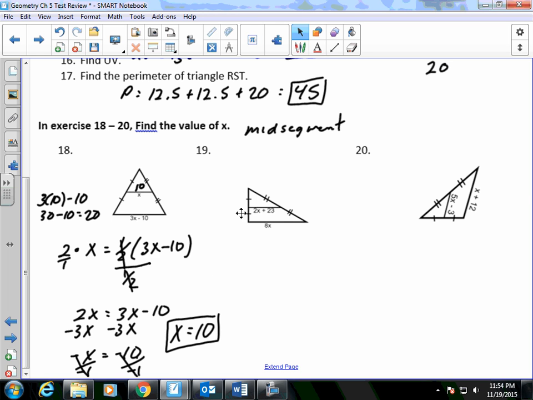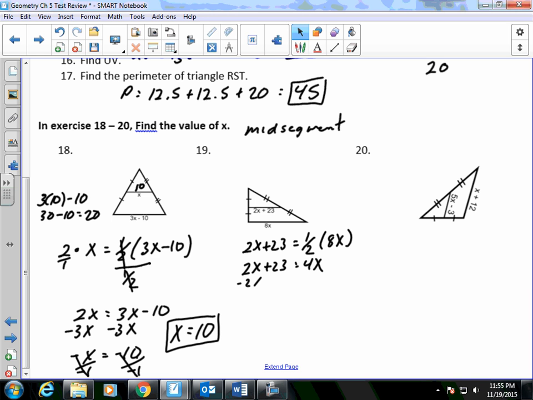19. Once again, the midsegment should be equal to half the length of the side. So 2x plus 23 should be equal to half of 8x. Now in this case, since it's just 8x here and we're multiplying it by 1/2, instead of dividing by 1/2 and multiplying everything over here by 2, we could just multiply 8x by 1/2, and that's going to give us 2x plus 23 equals 4x.